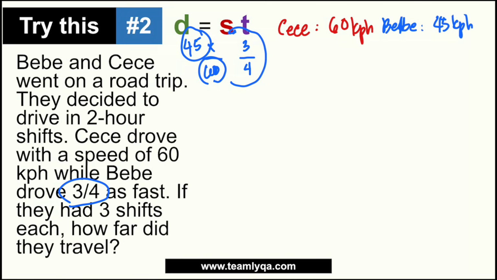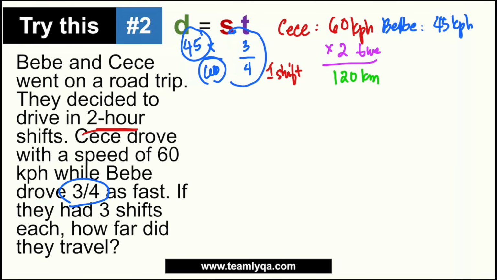Now that I know yung speed nilang dalawa, you can start plotting yung nangyari sa kwento. Ang sabi, they drive daw in 2-hour shifts. Ibig sabihin, ang isang shift for them is 2 hours. So, kung ang speed ni CC ay 60 kilometers per hour, times 2, which is yung time, okay, para makuha mo yung distance ng isang shift ni CC, ang magiging distance nun ay 120 kilometers.